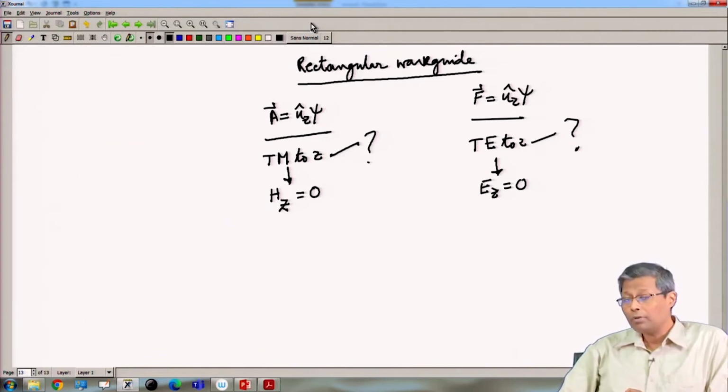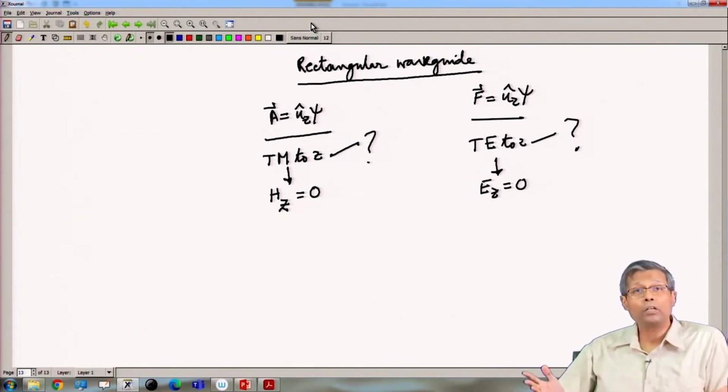We think they would be, but we are not sure. In order to better substantiate our claim and be sure that the TE to z and TM to z mode sets are valid, we now need to satisfy the boundary conditions of the waveguide.